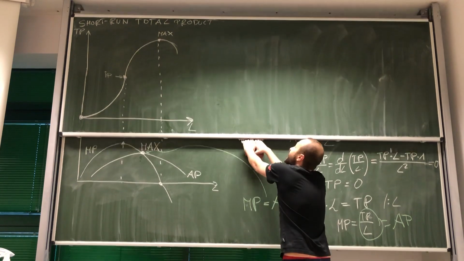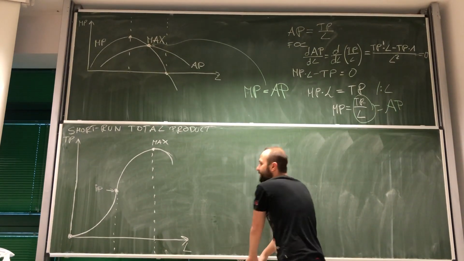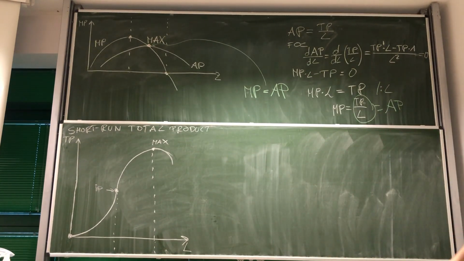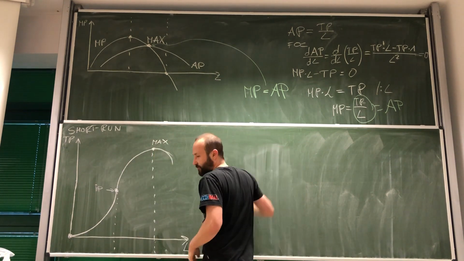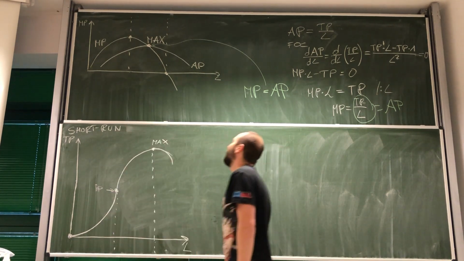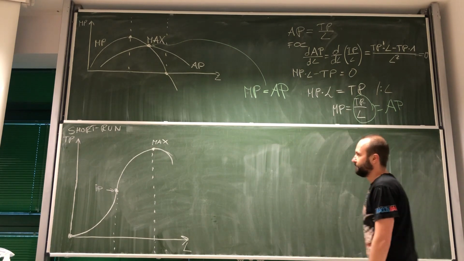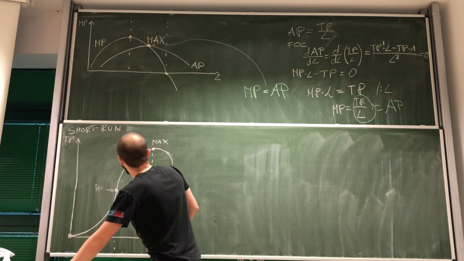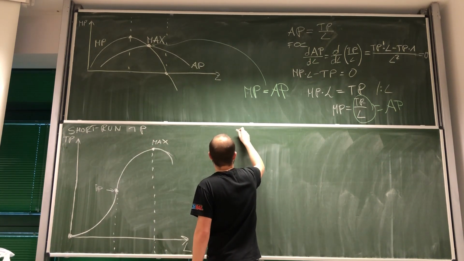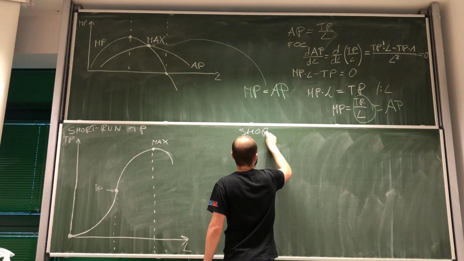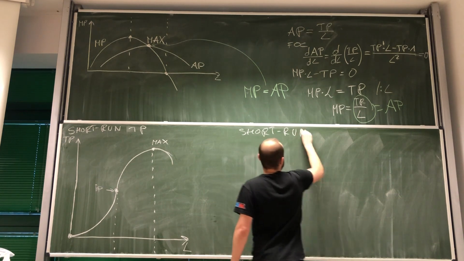Okay, now let's repeat exactly the same exercise that we did here, but for a different function. Now, instead of having short run total product, we're gonna have, okay, let's do it over here, short run total cost.